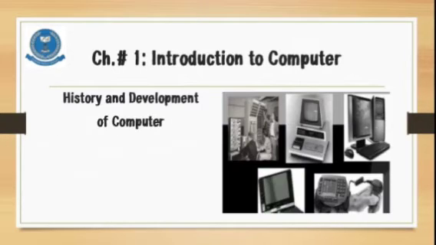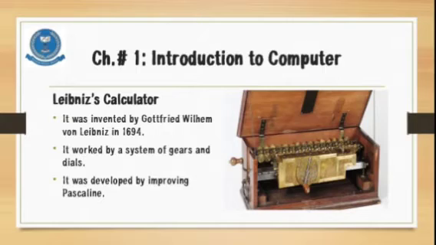So now we will move towards today's topic. We will continue our topic of history and development of computer. So the fifth one is Leibniz calculator. Leibniz calculator was invented by Gottfried Wilhelm von Leibniz in 1694.